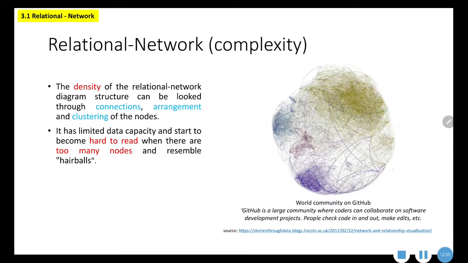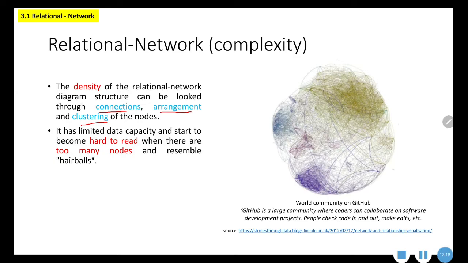Just like in this diagram, the relational network can become complex. The density of the relational network diagram structure can be looked at through the connections, the arrangements and the clustering of the nodes. This is the drawback of relational networks.